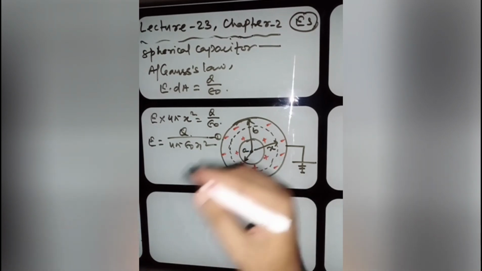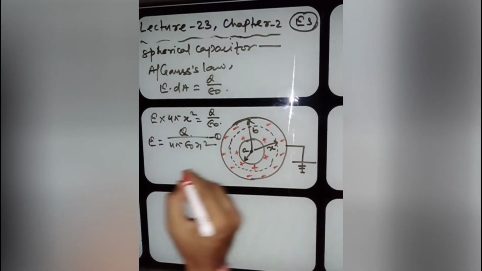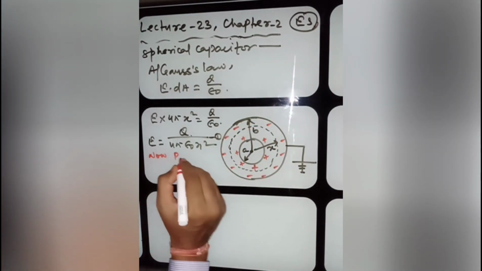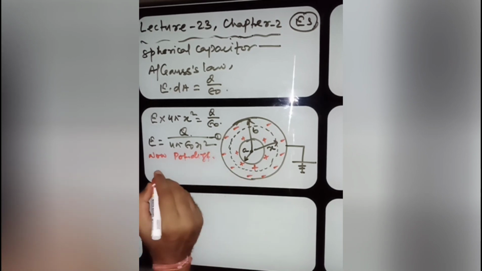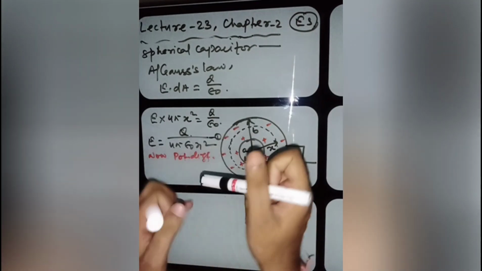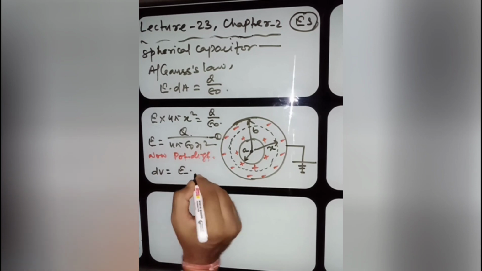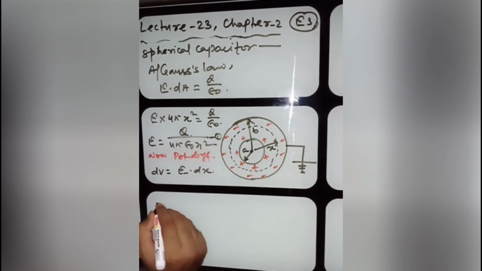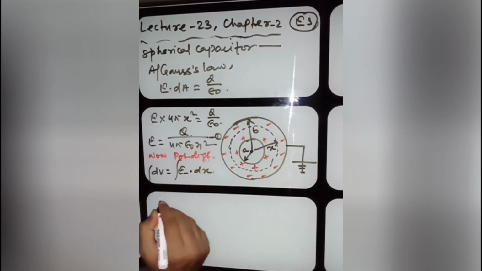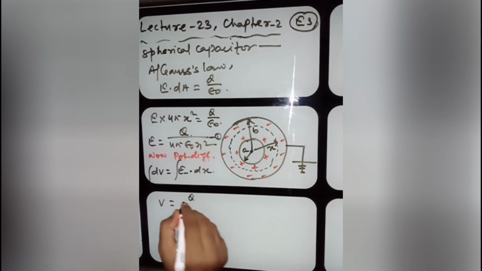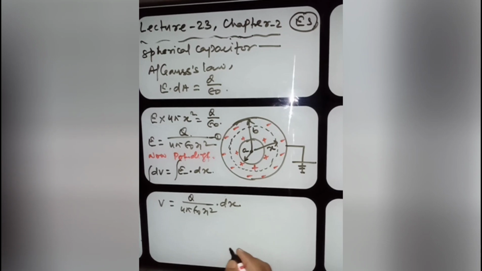Now what was the second step? Yes, the second step was to find the potential difference. So the potential difference dV equals E dot dx, integrated. V is integral of Q by 4 pi epsilon naught x square times dx.